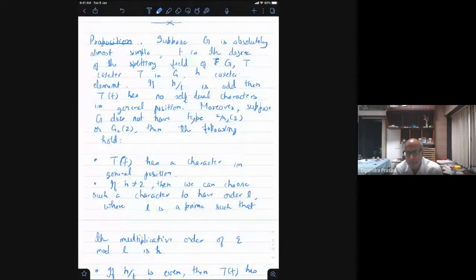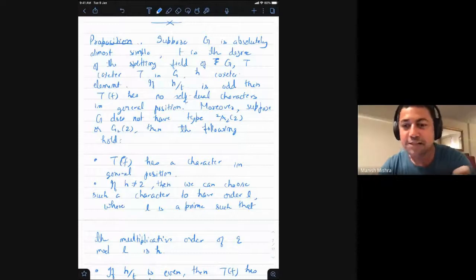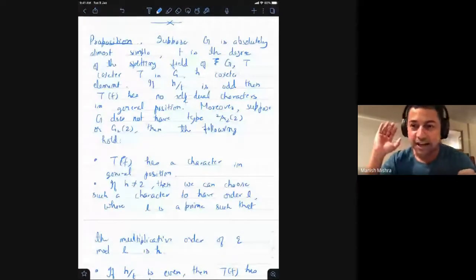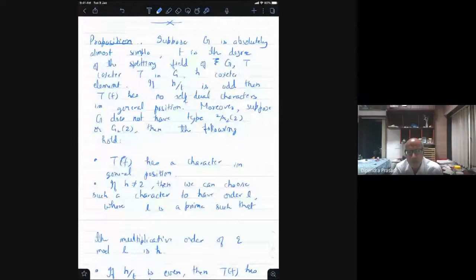What is Burnside doing? So this is a more than 100-year-old Annals paper. But what is it about? I could not understand what it was about.